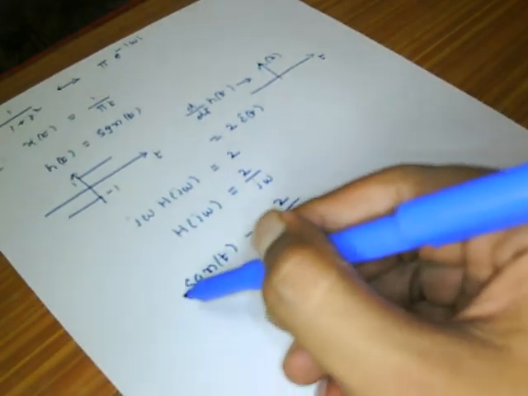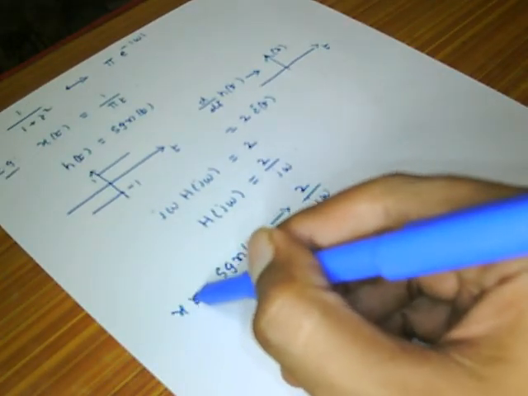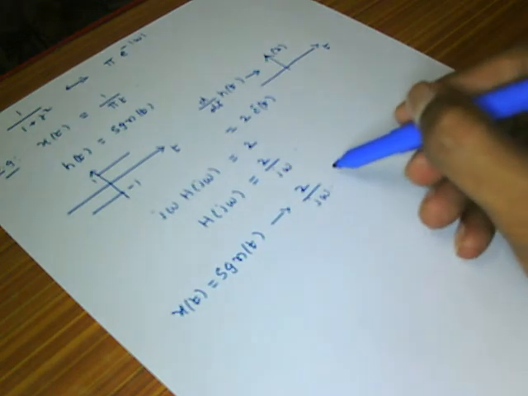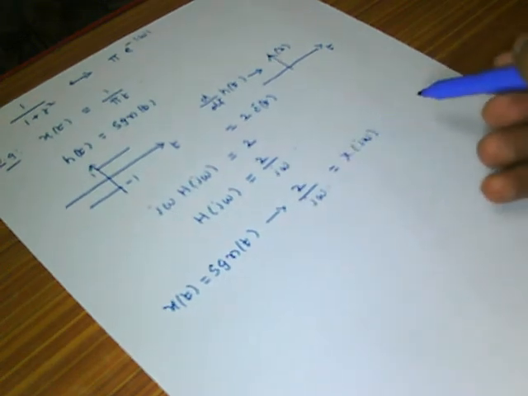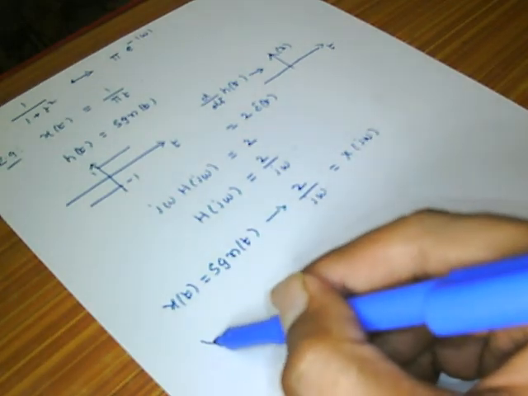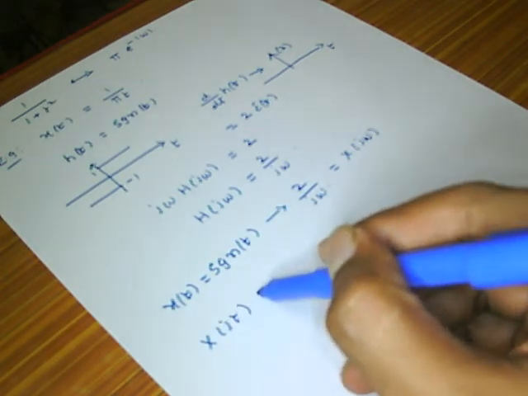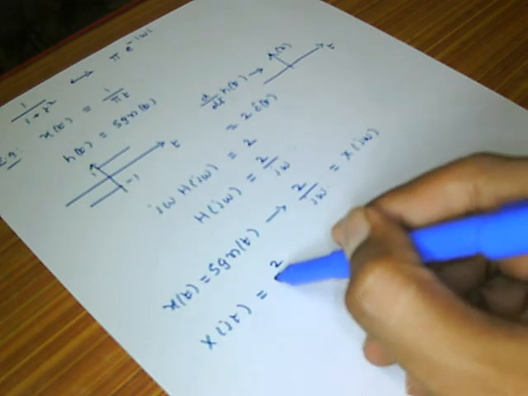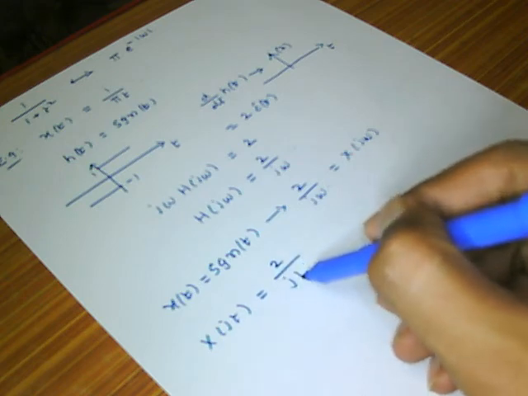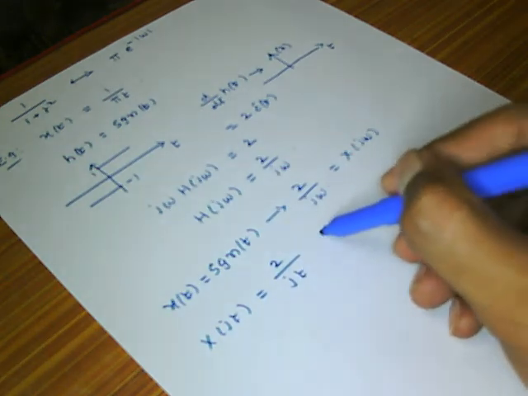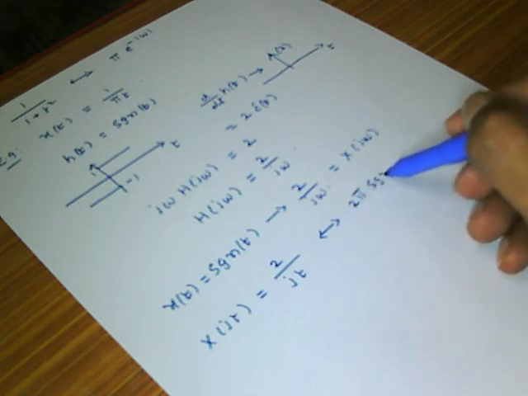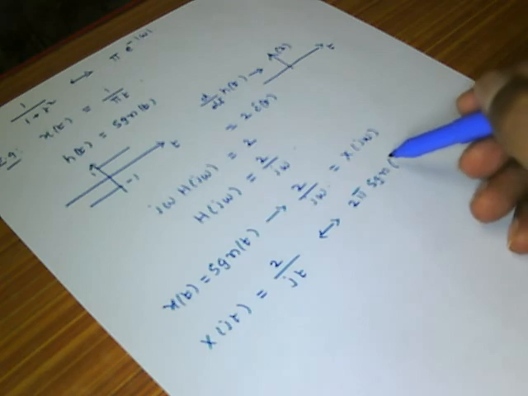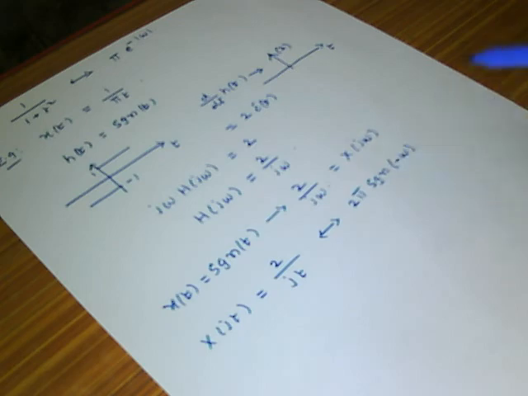So if you take this as x of t, and this as x of j omega, then applying the duality property, x of jt will be equal to 2 by jt, and this will have 2 pi into signum of minus omega as the Fourier transform.